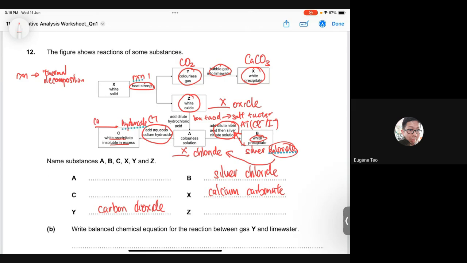This is actually calcium hydroxide. Okay, so I'm going to write down C is calcium hydroxide. A will then be calcium chloride. Then Z will be calcium oxide.